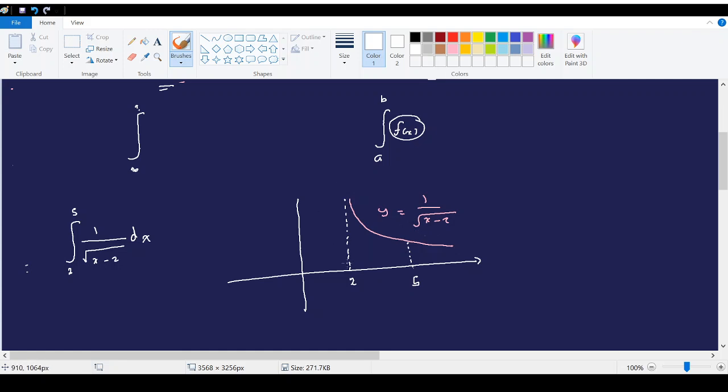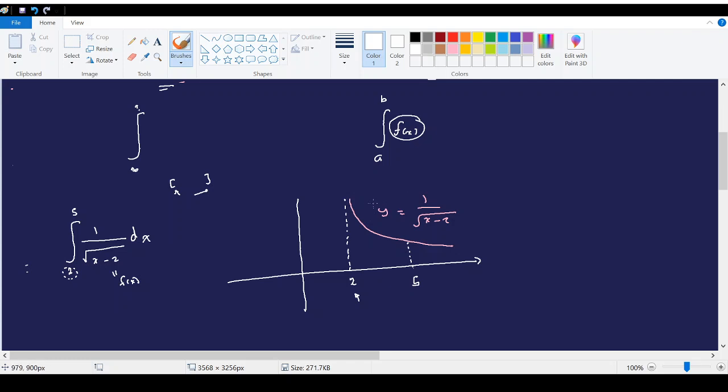So you can see this function will have a vertical asymptote at 2, and 2 is the limit point of this considered range. What I mean by a limit point in this case is just the one out of the lower or upper limit.